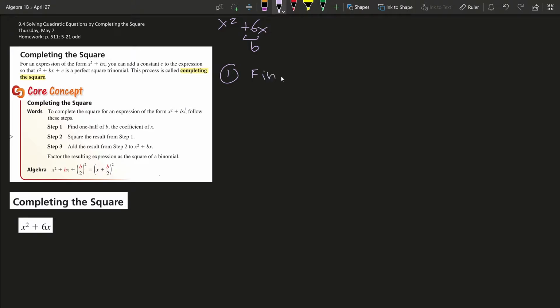So find 1/2 of b, right? Our b is 6. So b over 2 is going to be equal to 6 over 2, which is equal to 3.